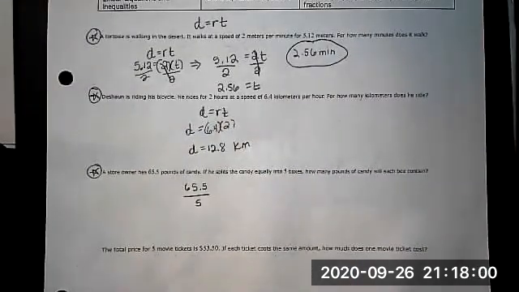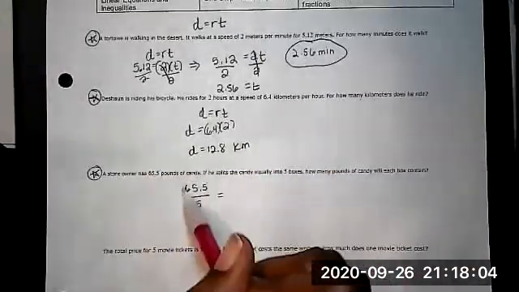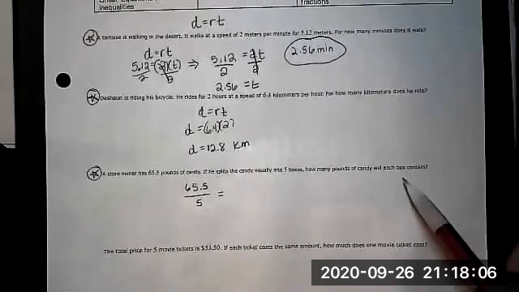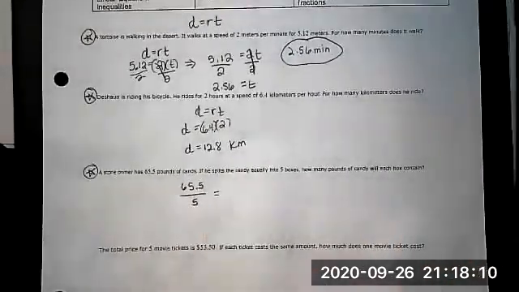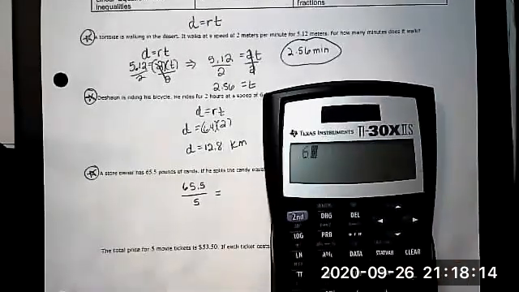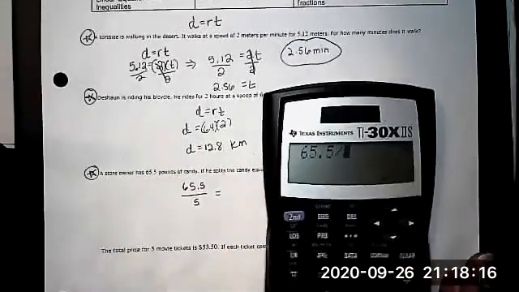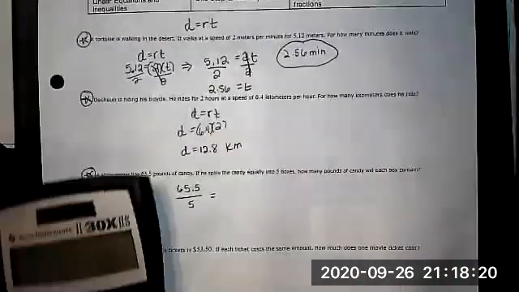And then whatever answer I get out, because this is the total, it's going to tell me how many each box contains once I split them up into 5 pieces. So I'm basically just dividing there. So 65.5, and you're going to divide by 5, and I got 13.1.